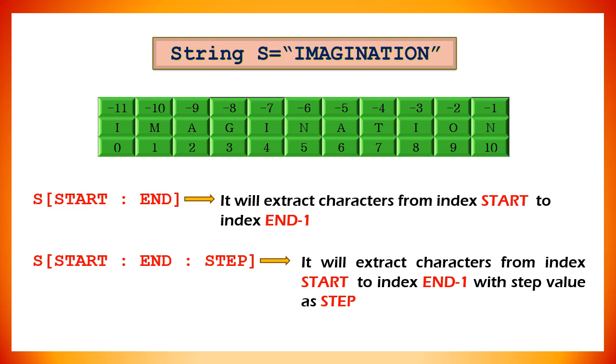Suppose start index is 1, end index is 6 and step value is 2, then it will extract characters from index 1, index 3 and index 5. These 3 characters will be returned as a string.